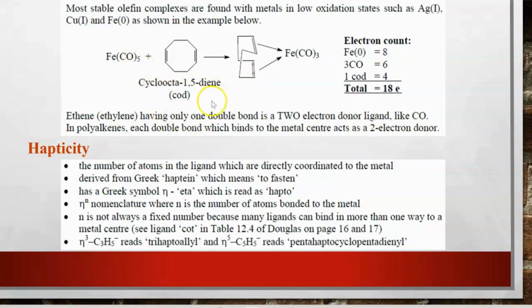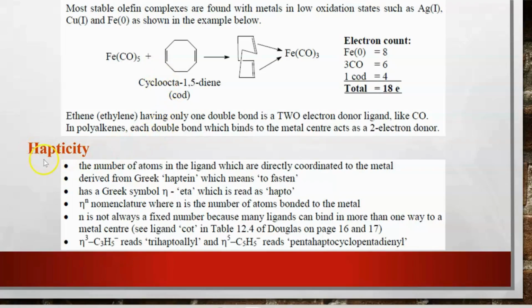So the cyclooctadiene, or COD, carries 4 electrons because we have 2 double bonds. If we have a ligand with 3 double bonds, the electrons it carries will be 6.